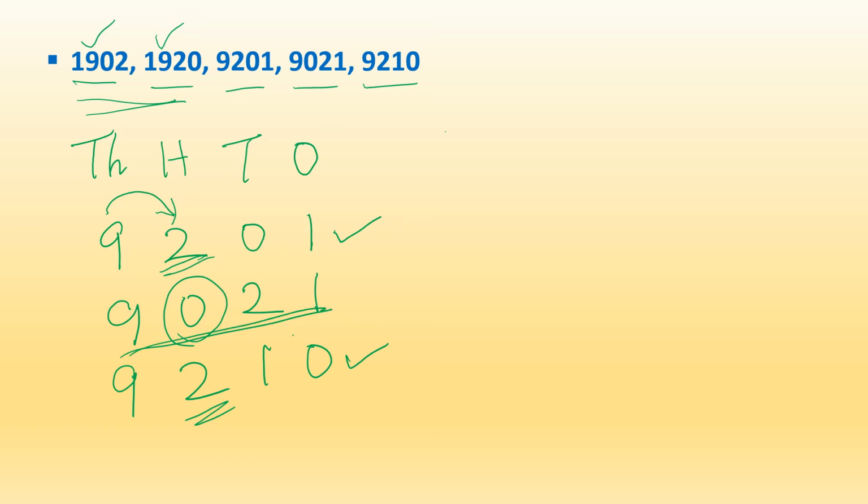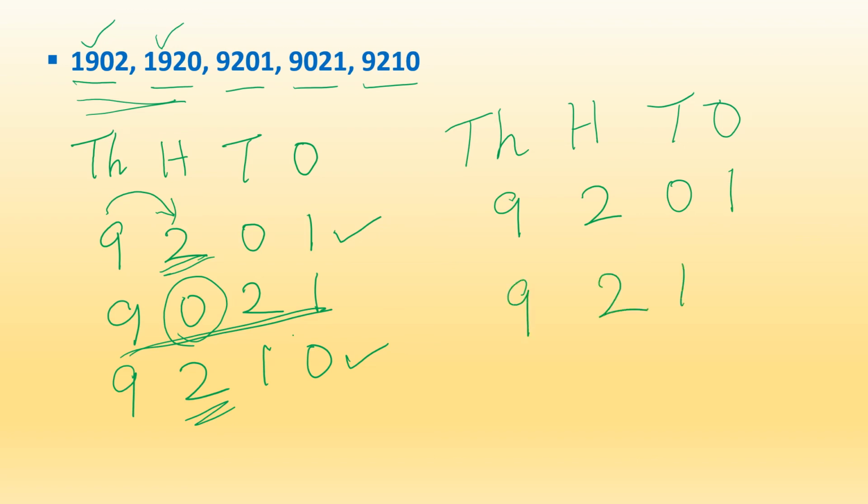So again you are left with two numbers, which are 9201 and 9210. Am I right? Now you have already compared the hundreds place. Now it's time to compare the next highest place value, which is the tens place.